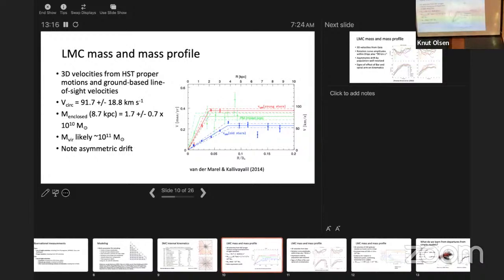In the LMC, we're interested in the mass and the mass profile. This is from work by Marel and Kallivayalil using HST proper motions and ground-based line of sight velocities.